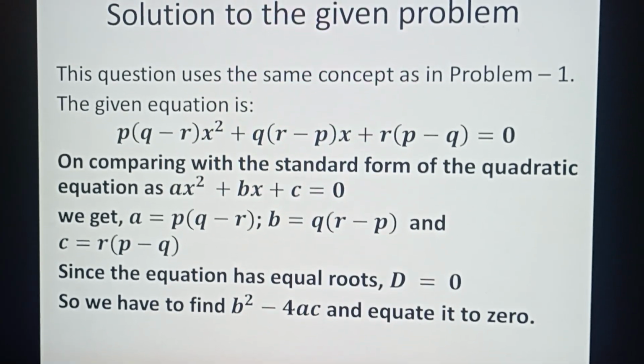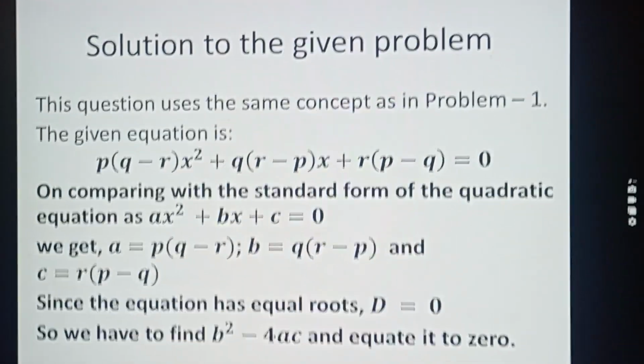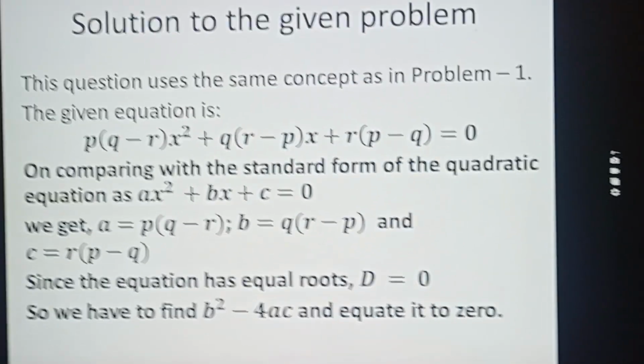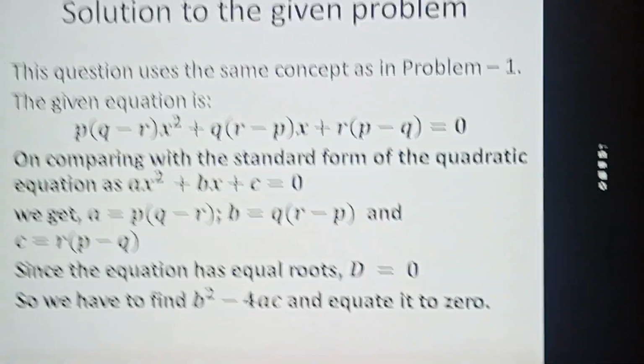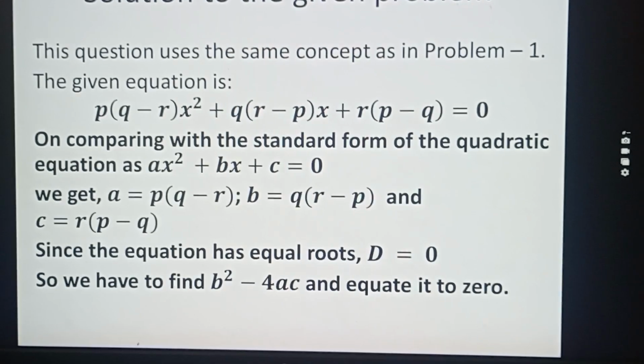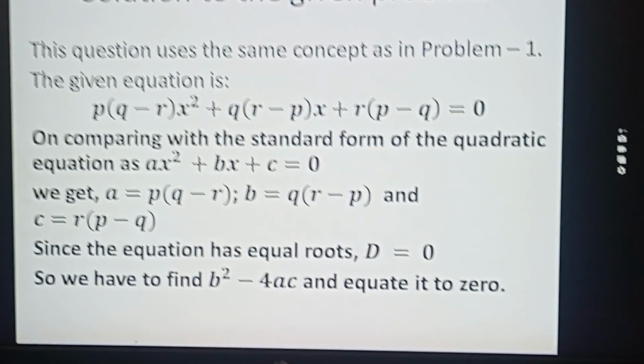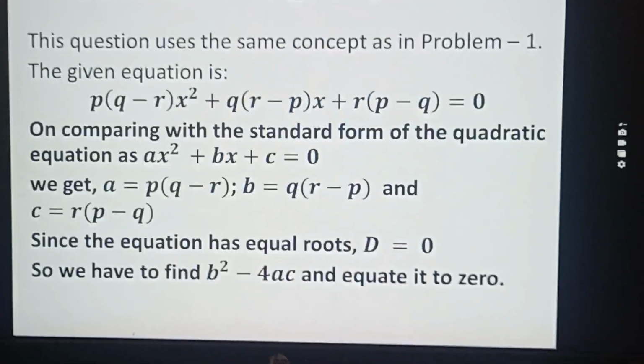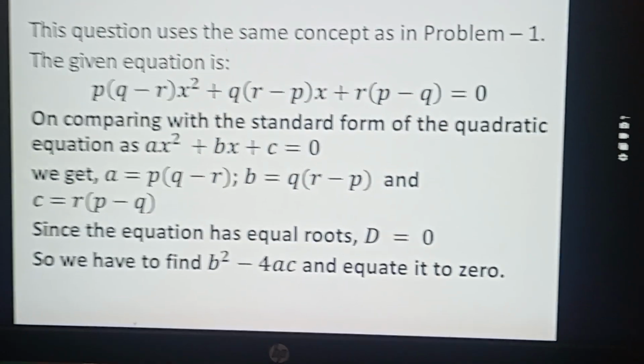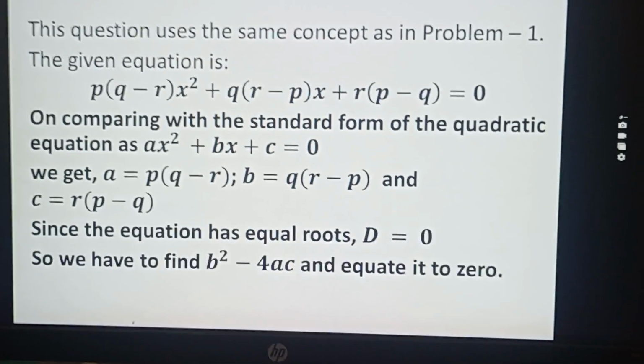So in this, the given equation is p(q minus r)x squared plus q(r minus p)x plus r(p minus q) is equal to 0.